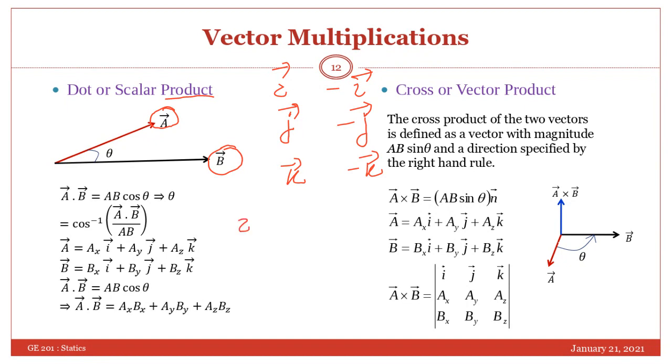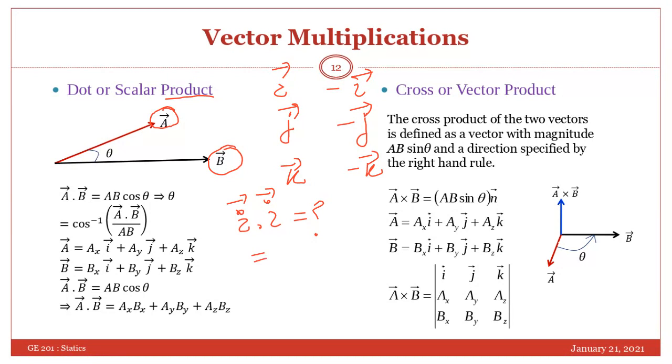Let us multiply first I with I. Who will tell what will be the answer? When you are multiplying I with I. 1. Yes, 1. Because vector A dot vector B equals AB cosine theta. I represents the unit vector whose magnitude is 1.